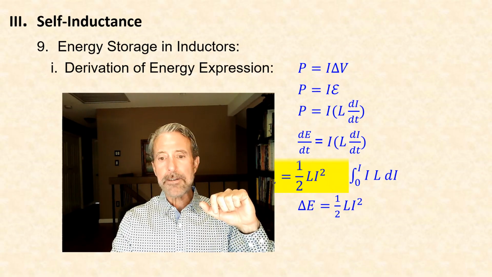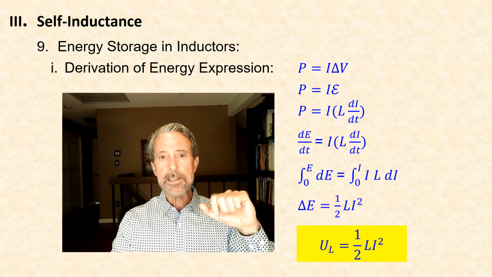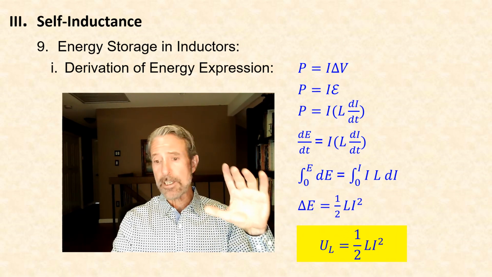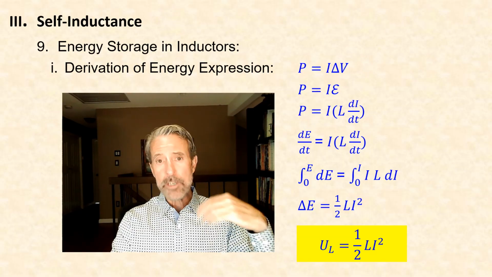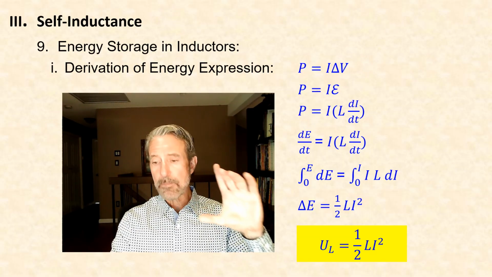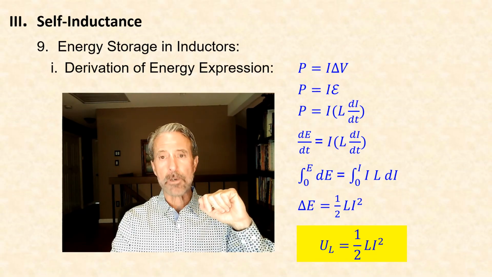So in this case, we can calculate the energy stored within the magnetic field of an inductor, which relates to the self-inductance as well as the alternating current within the circuit.